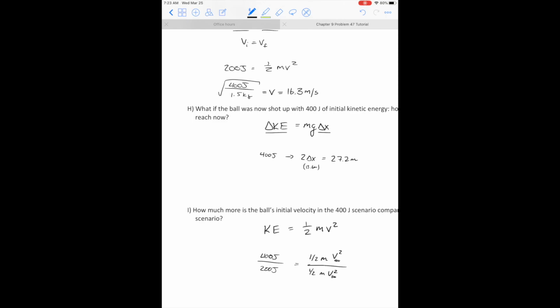So this is going to be 2 on this side. The 1/2 m's cancel. Throw that up on the other side. I'm going to get left with 2 v 200 squared equals v 400 squared.